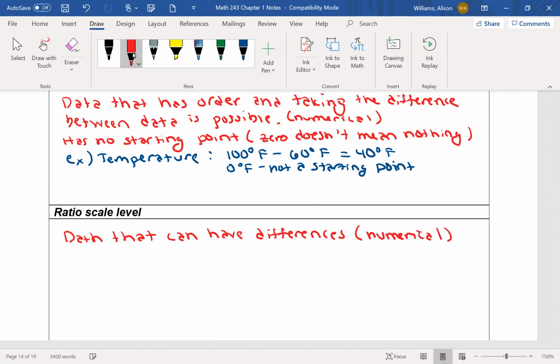But in this case, it does have a starting point, which means 0 means nothing.